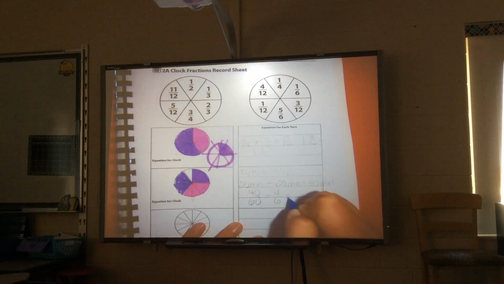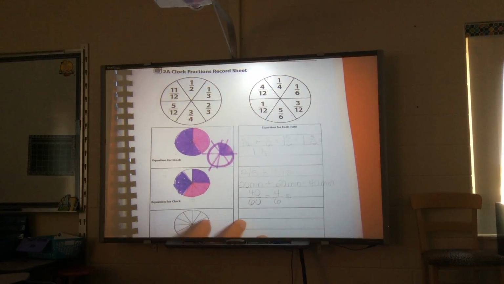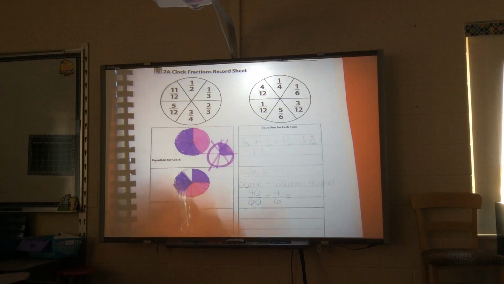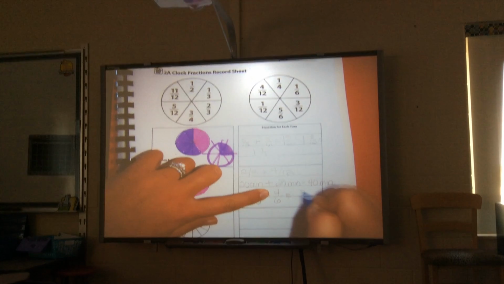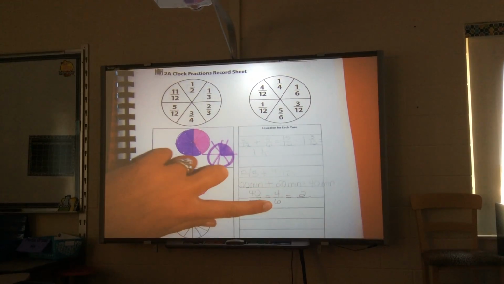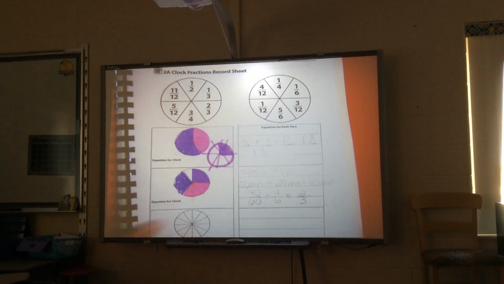Their greatest common factor is 2. So if I divide 4 by 2, I get 2, and 6 divided by 2, I get 3.